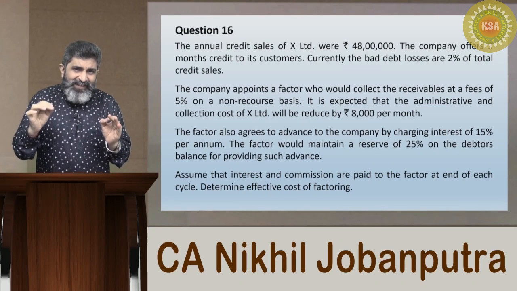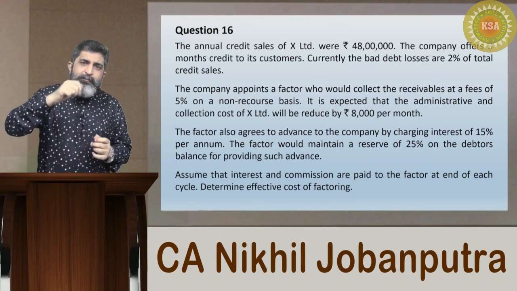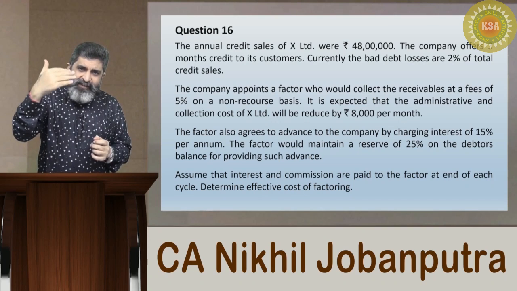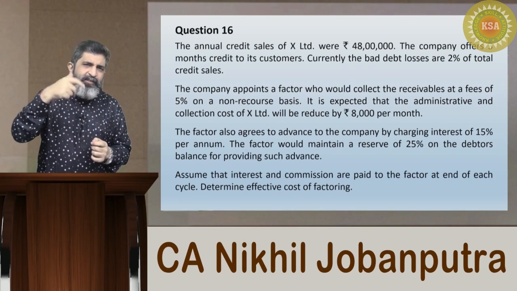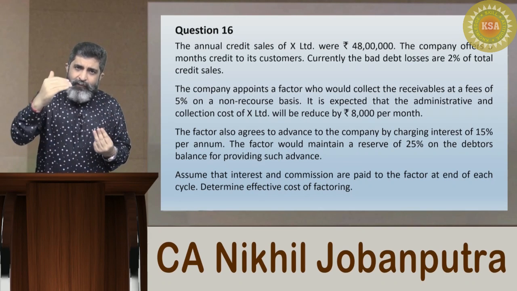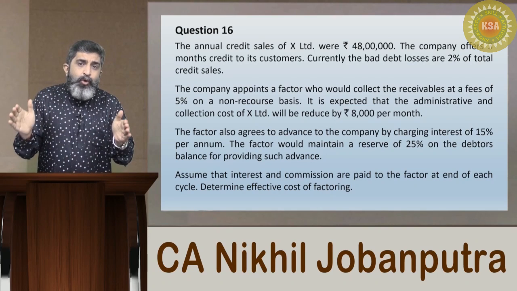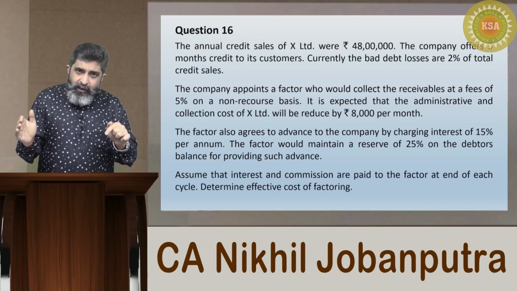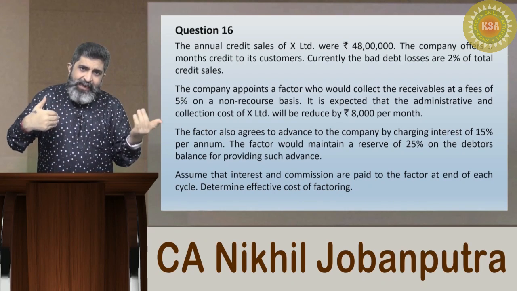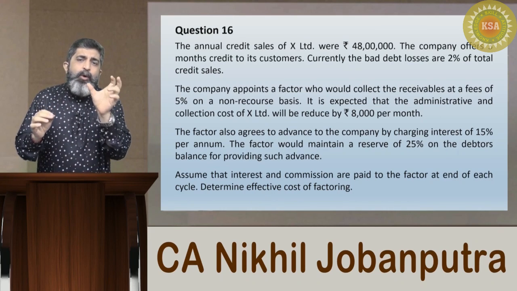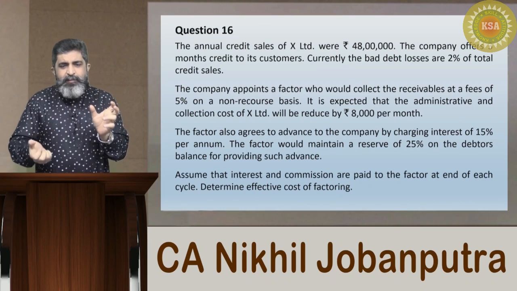So 25% reserve will be 25% of 12 lakhs. So 12 lakhs minus 25%. 25% of 12 lakhs is 3 lakhs. So 12 lakhs minus 3 lakhs, the amount to be advanced by the factor on which the company will have to pay interest, will be 9 lakhs.